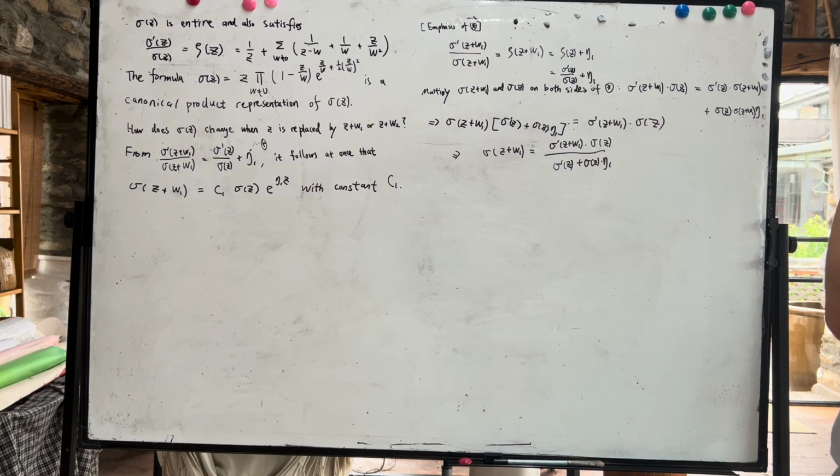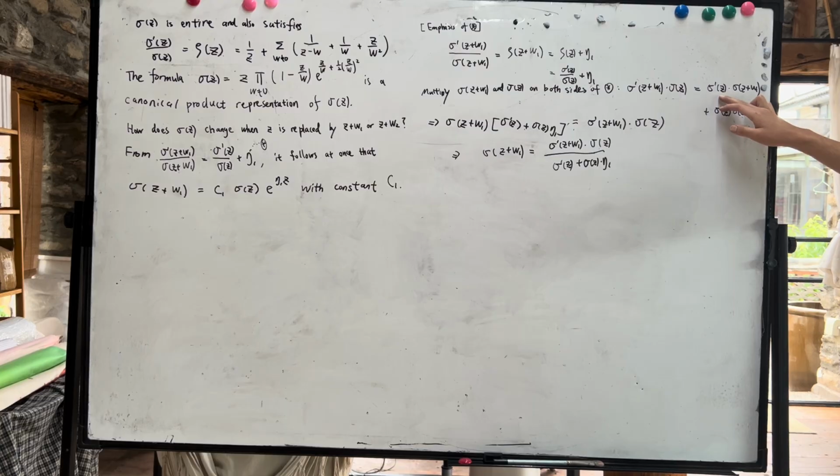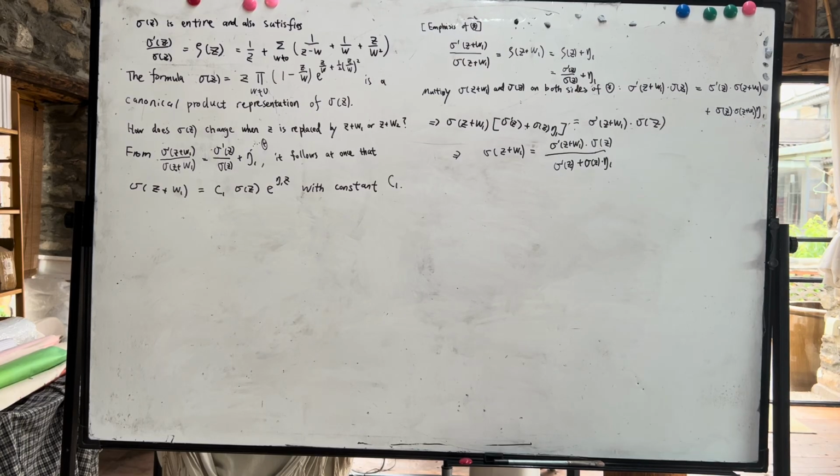Prime multiplied by sigma of z plus omega 1 on both sides, and then multiplied by sigma z. First I multiply by sigma z, sigma prime z times sigma z plus eta 1, sigma prime z plus eta 1 times sigma z.